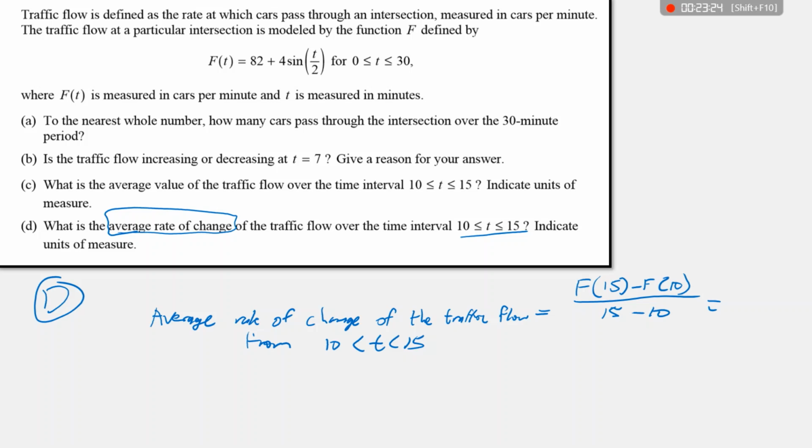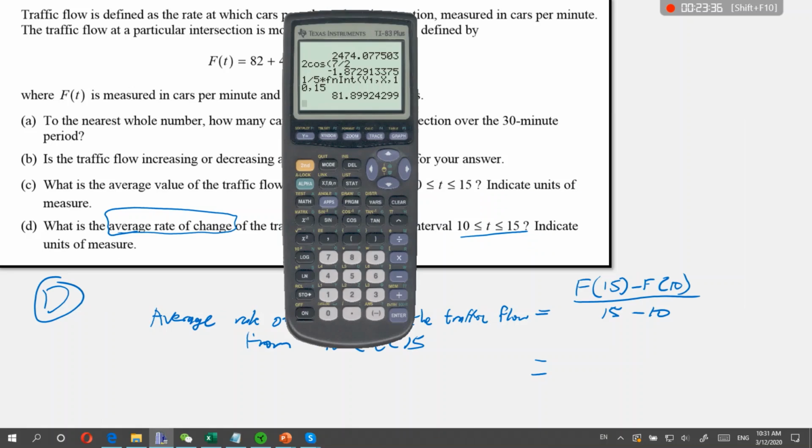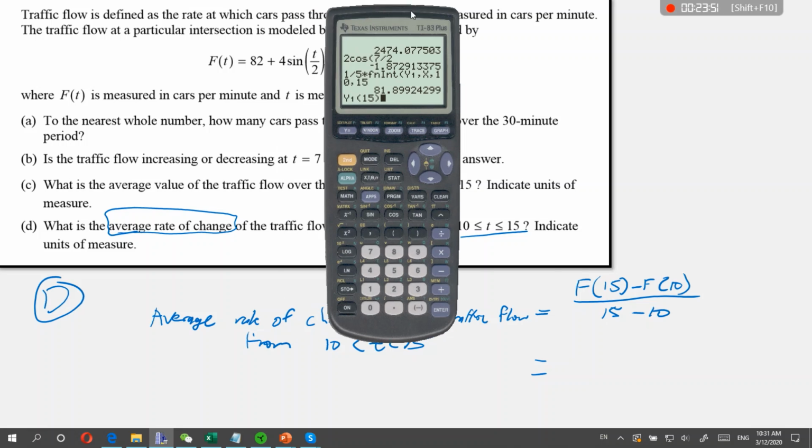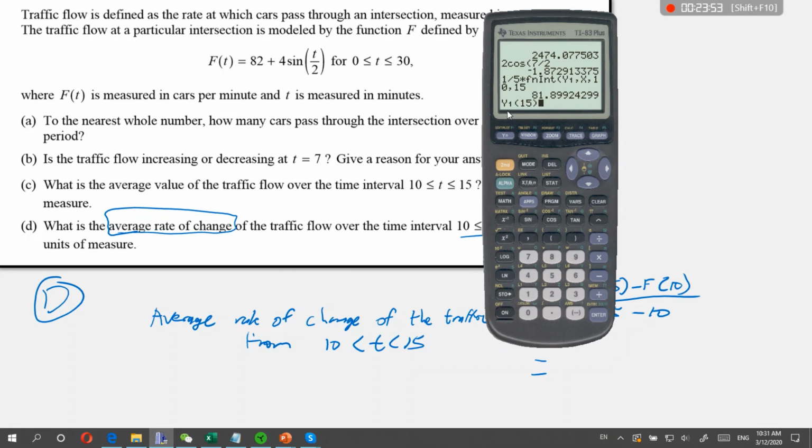So our y value at 15: I'm going to go variables, Y variables, function, Y1, and just put in parentheses 15. That gives me what happens if I plug 15 into our function.